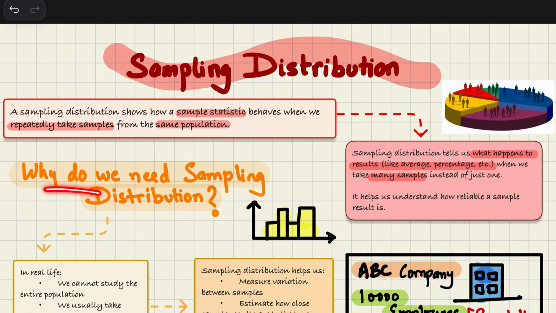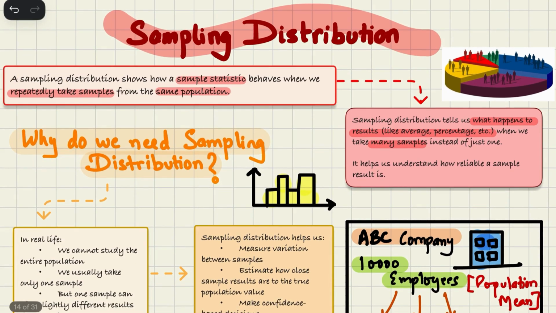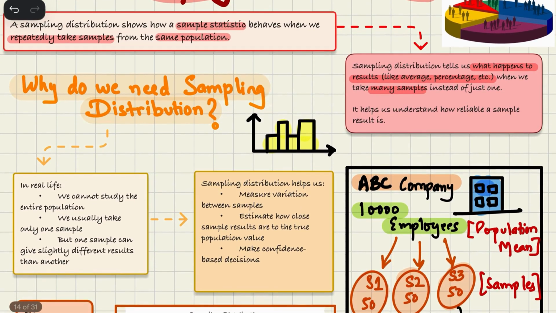So why do we need the sampling distribution? Why is it important? The sampling distribution acts as a bridge between sample data and population information. It helps us estimate unknown population values and measure the reliability of our estimate. Because we cannot study the entire population, we usually take one sample, but one sample can have a slightly different result than another.